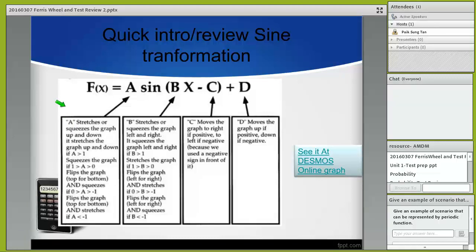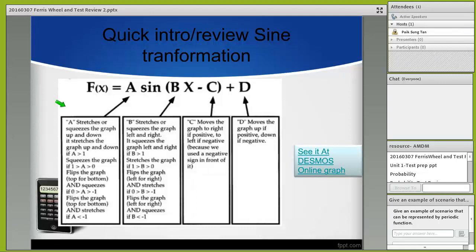It stretches the graph up and down if A is greater than 1, any number greater than 1. It squeezes the graph if A is between 0 and 1, let's say 0.5.